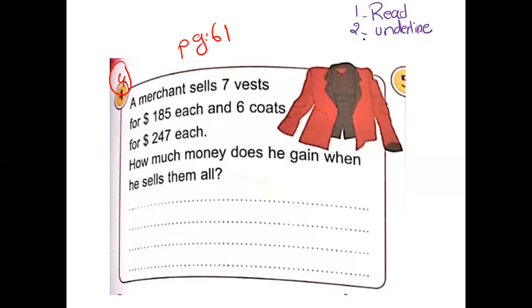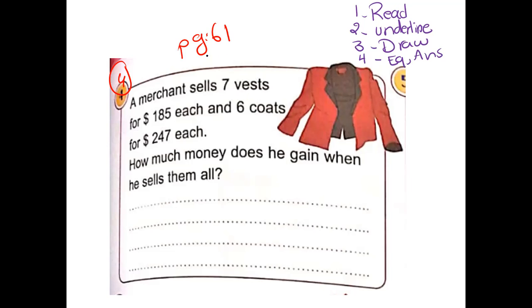Then I will draw a figure. If I can draw a figure, the problem will be easy. Then I will write the equation and the answer. So 4 steps: read the problem more than one time, underline or circle the keywords, draw a figure, and write the equation and the answer.